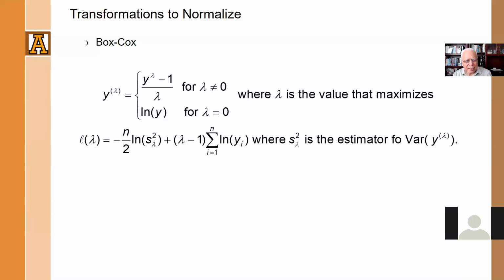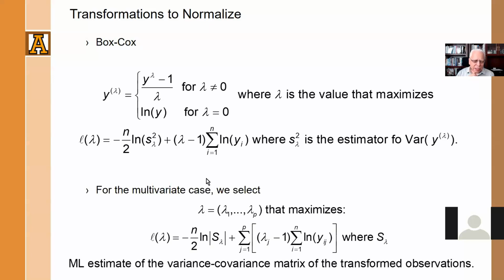For our case here, and this is the same case in regression analysis, the approach is to maximize the likelihood function, to find the lambda that maximizes the likelihood function. Now that's a lambda for the univariate case, and in the multivariate case, we need to select one lambda for each of the variables.